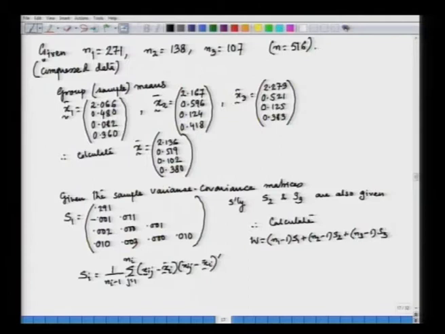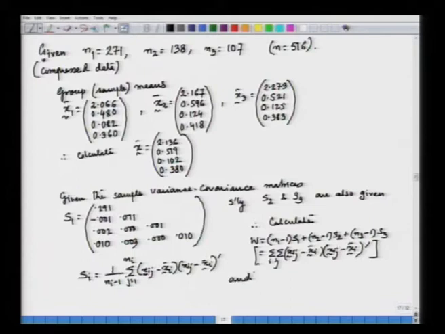Since you know that this is nothing but the sum of Xij minus Xi bar times Xij minus Xi bar transpose, with each of the Si's having been defined in this way, the W matrix can be calculated with the help of the ni's and the Si's.